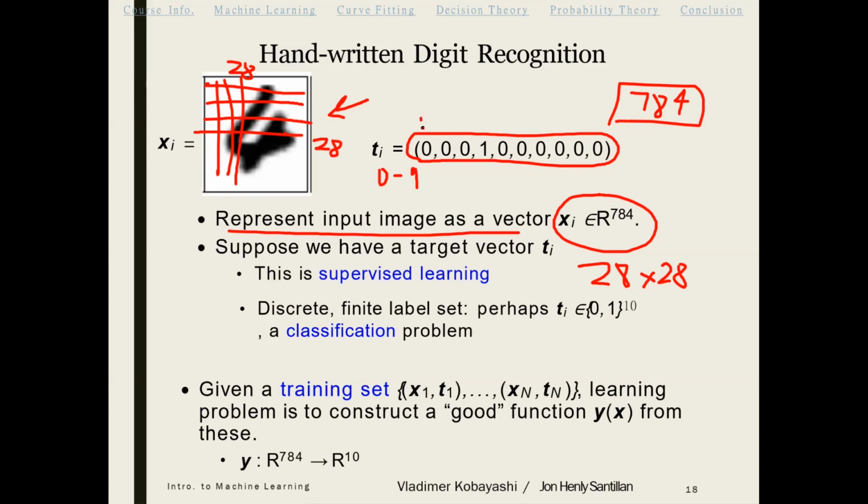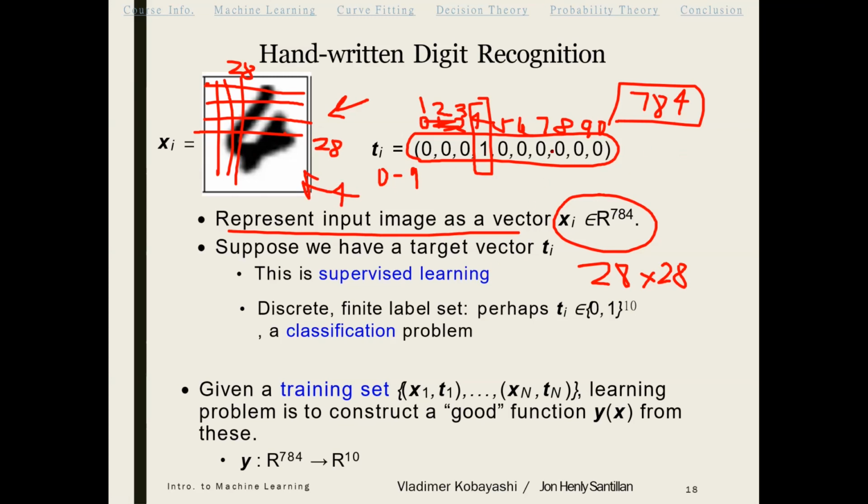So for example, 1, 2, 3, 4, 5, 6, 7, 8, 9, 0. Notice that 0 siya for all the rest except for 4, because ang ating digit dito ay 4.